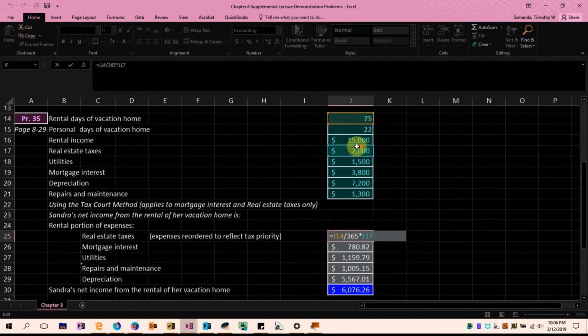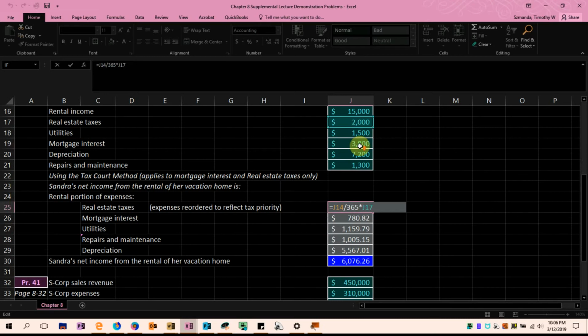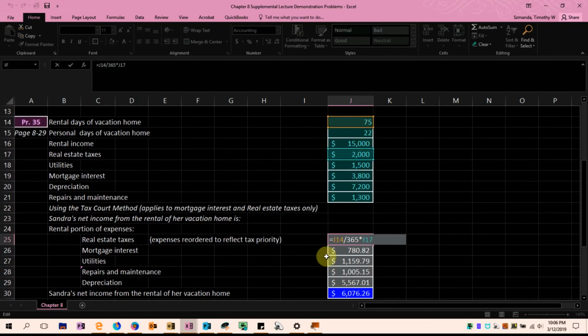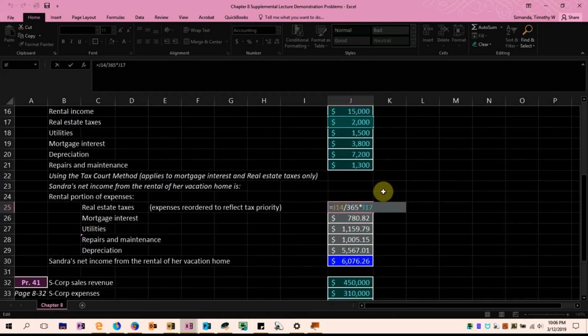So in this case, we're going to take the 75 days divided by 365, and then multiply it by our real estate taxes of $2,000. So that's the tax court approach, using 365 as a denominator.